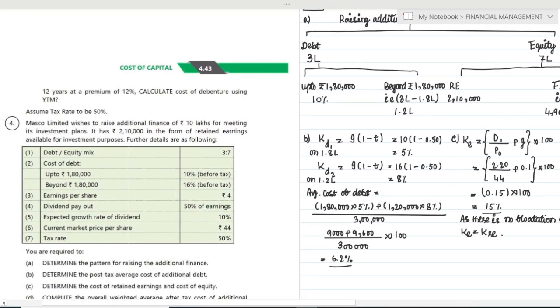Masco Limited wishes to raise additional finance of 10 lakh for meeting its investment plans. It has 2 lakh 10,000 in form of retained earnings available for investment purposes.